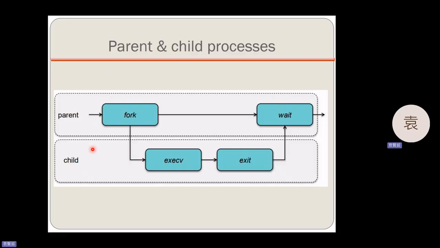The only difference is that they have different process IDs, and their parent attribute may be different, because the parent of the child is the creating process, and the parent of the creating process is its own parent. Other than these two, the other attributes inside the PCB are almost identical.